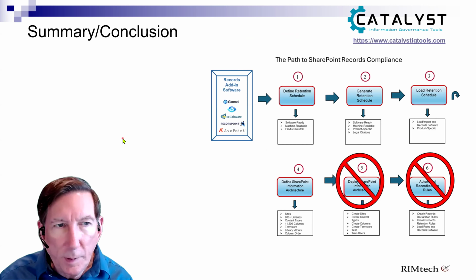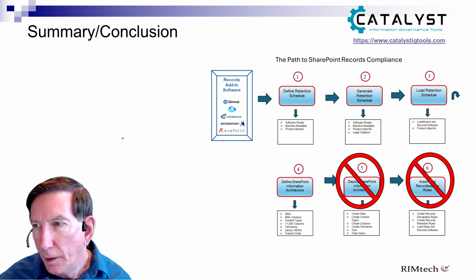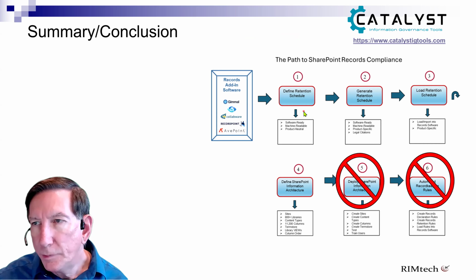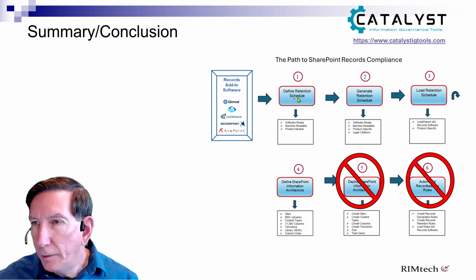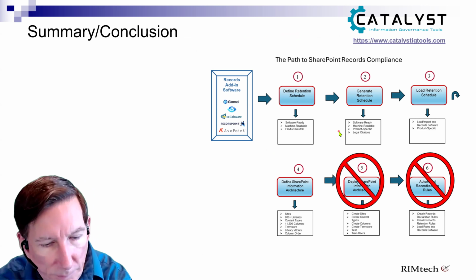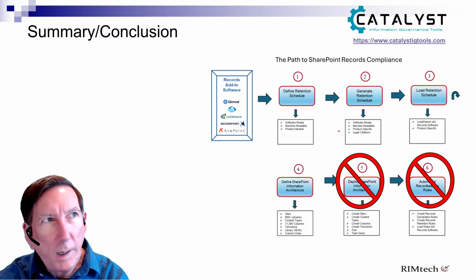So to summarize, the Catalyst toolkit completely automates step 5 and step 6. We have customers that we've brought all the way through all 6 of these many times. And sometimes just getting from step 1 to 2 can take you a year or 2 and can cost $50,000, $100,000. Why?